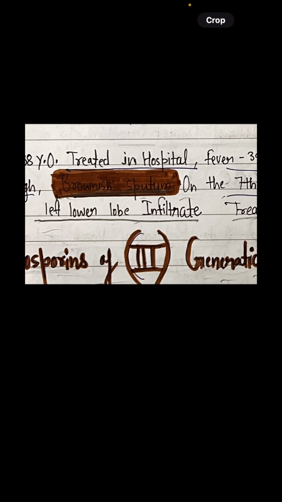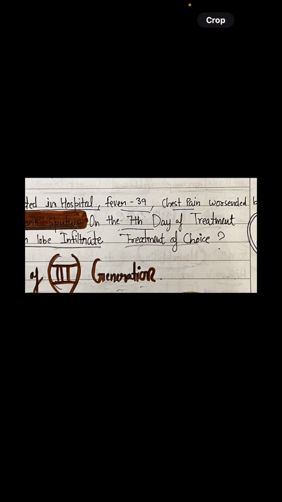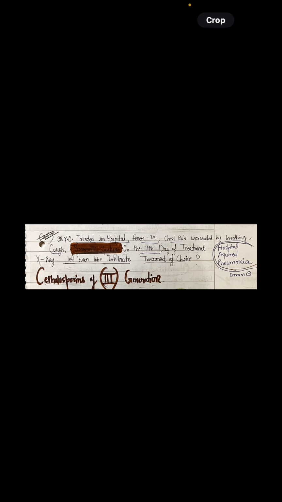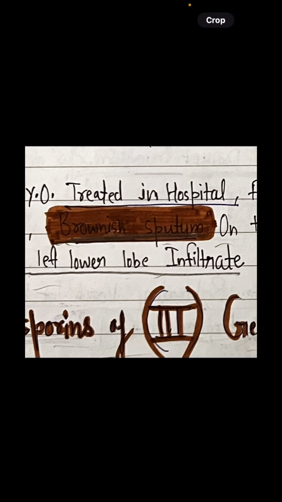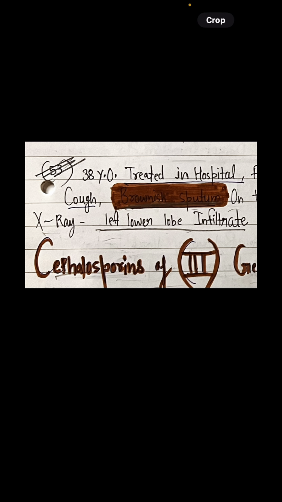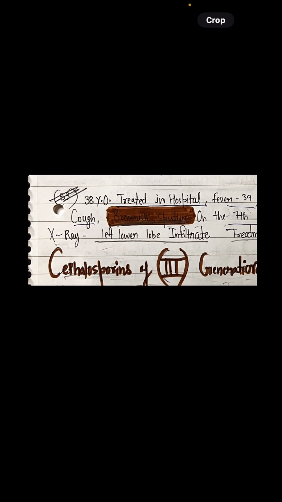One more last question is there. A young patient was treated in the hospital. He has fever now, chest pain which is worsened by breathing, cough, and this is brown sputum. On the 7th day after the treatment, the X-ray shows some infiltrate. Pneumonia is really common in the lower lobe.